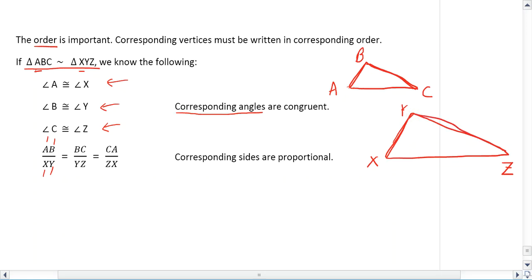Since I said the B first, I have to say the angle that matches it, the Y. And then CA, we chose to say CA is proportionate to ZX. If I would have changed that and said side AC is proportionate to side XZ, and so on. We could make a whole bunch more of these equivalences, but just realize that the order matters when you are stating the corresponding sides in proportion.